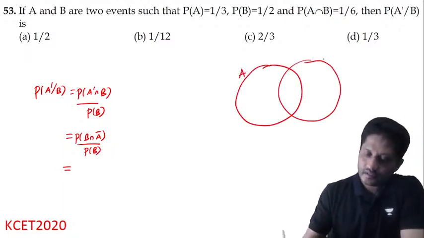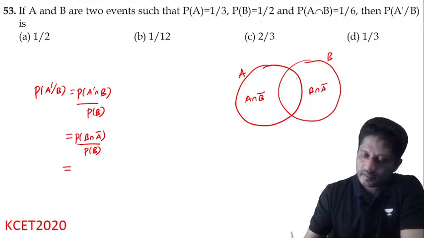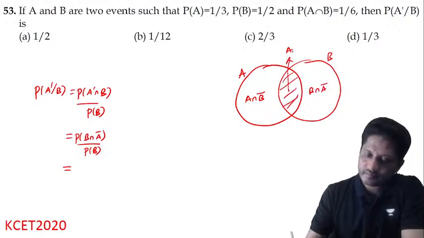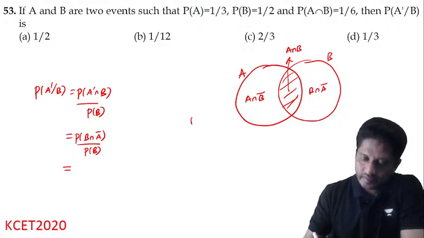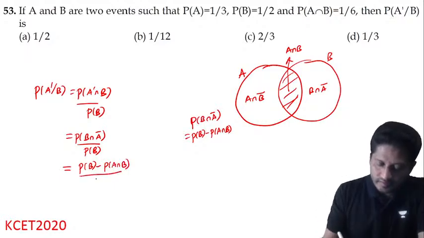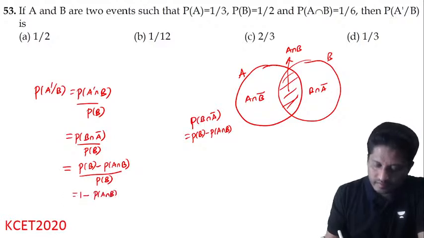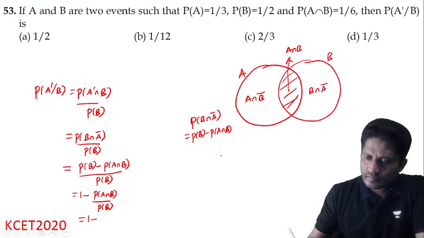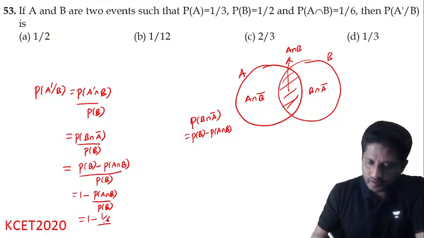This is A, this is B, this is A but not B, this is B but not A, and this part is A intersection B. Now P of B intersection A bar is equal to P of B minus P of A intersection B. So this is P of B minus P of A intersection B divided by P of B, which is equal to 1 minus P of A intersection B divided by P of B. That's equal to 1 minus, P of A intersection B is 1 by 6 and P of B is equal to 1 by 2.